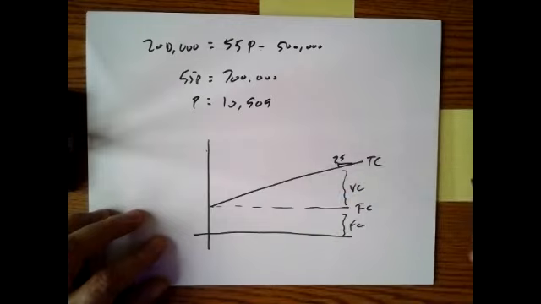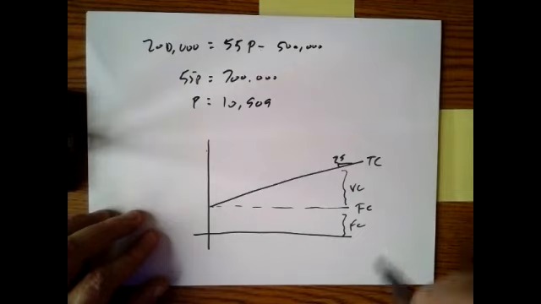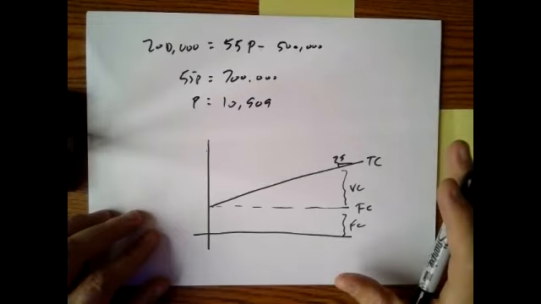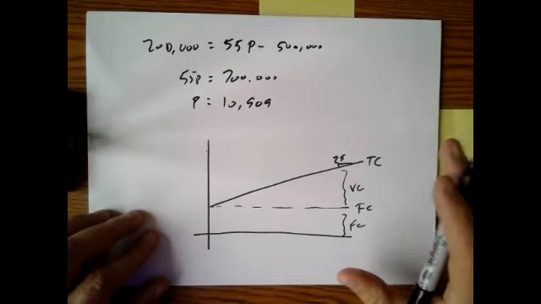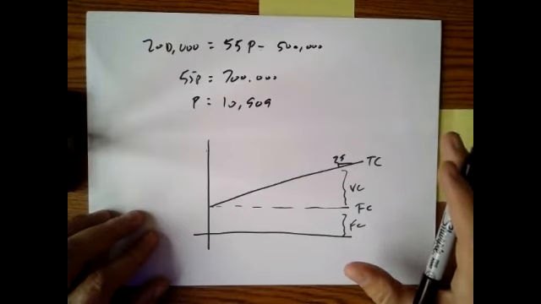The total cost line always has a slope of whatever the variable cost is. So in this case, it's 25. None of this changes as a result of negotiating the new reimbursement rate with the HMO.